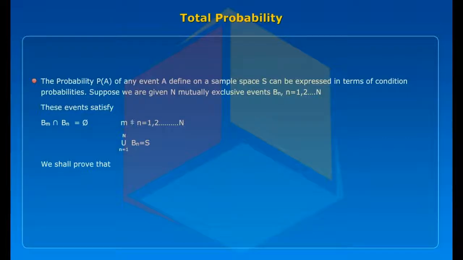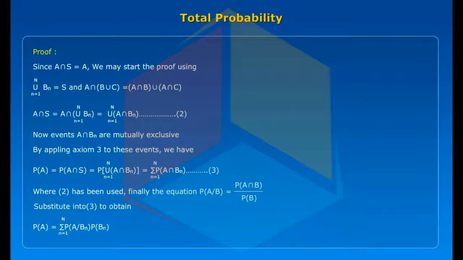And we shall prove that the probability of A is equal to the sum over n from 1 to N of P(A|Bn) × P(Bn), which is known as the total probability of event A. Here is the proof of the conditional probability that we have just seen.